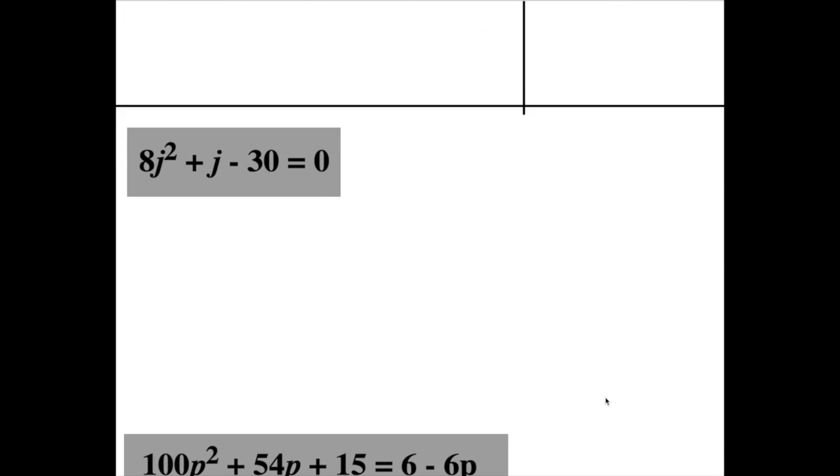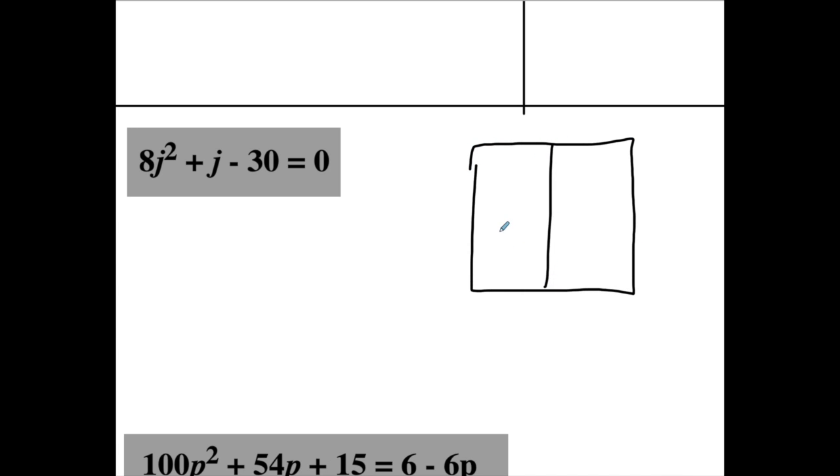So the first one here is a factoring problem. It's factoring because we see a value of b is there, so we know we're going to need to factor. So I'm going to open up a box and put 8j squared and negative 30 in it.